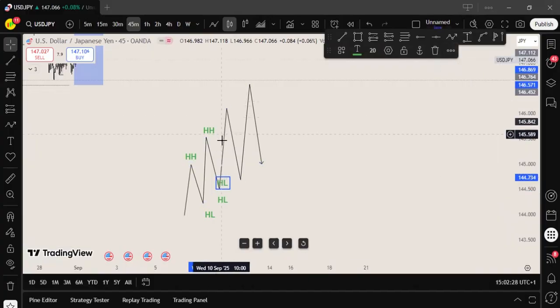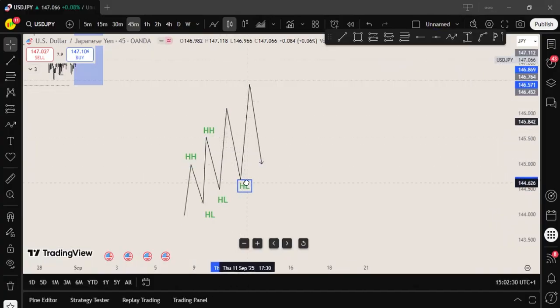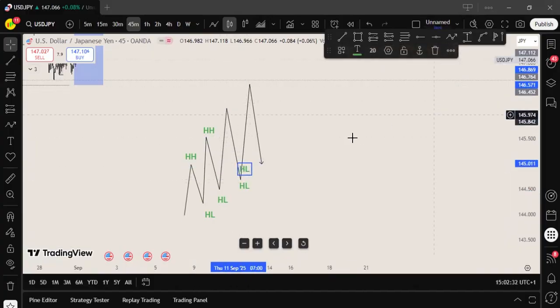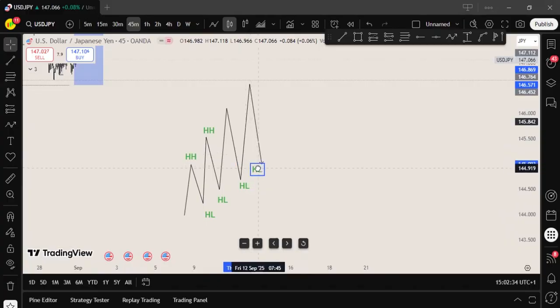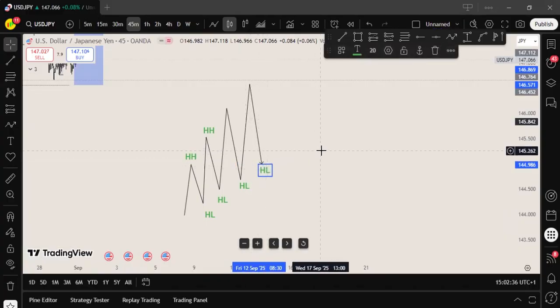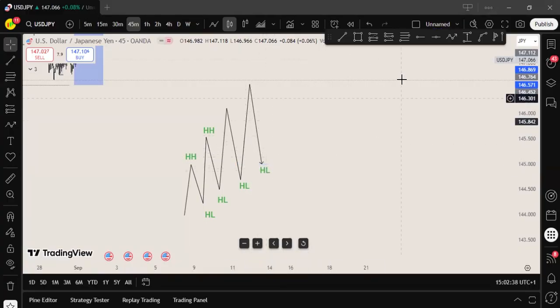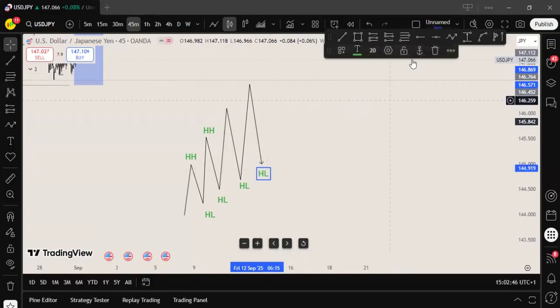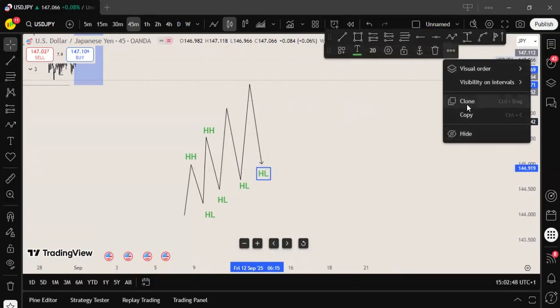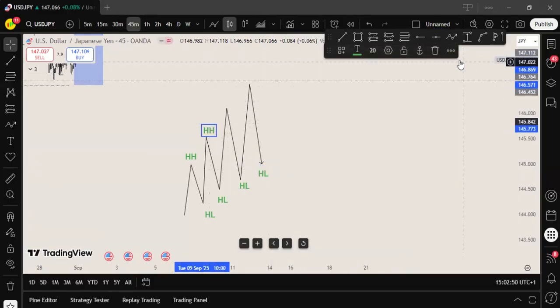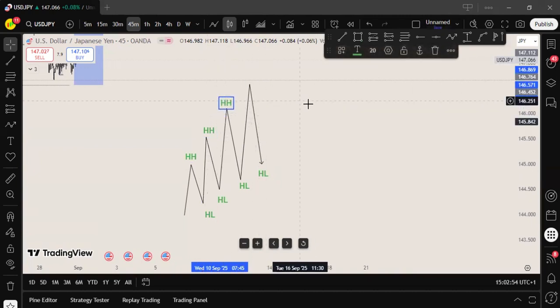If we are talking about trends, there are three types of trends in the market. We have the bullish trend, the bearish trend, and the consolidating market. Actually, we have two types of trend in the market: the bullish trend and the bearish trend.